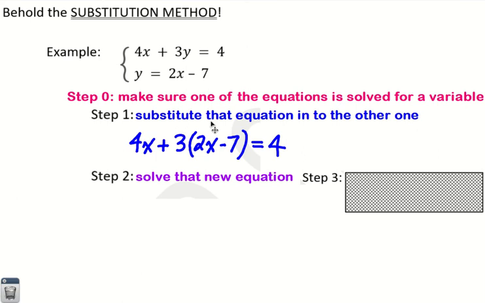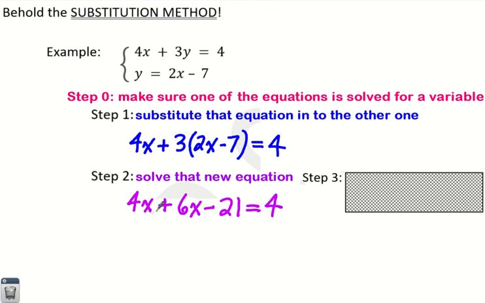So the first thing to solve this would be, of course, clearing the parentheses by the distributive property. So this becomes 4x, and then the distributive property gets me 6x minus 21 equals 4.